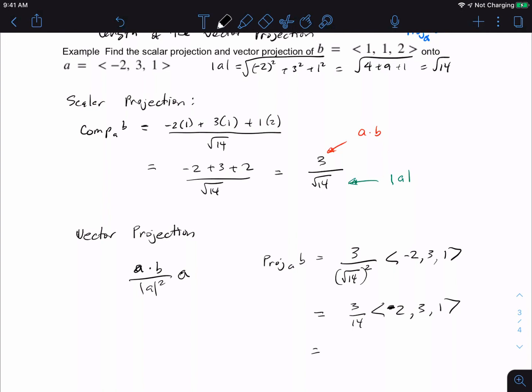And then from there it's going to be negative 6 over 14, 9 over 14, and 3 over 14. And then we see clear as day that this is the vector. It's not a scalar, where the scalar projection was simply that, a scalar.